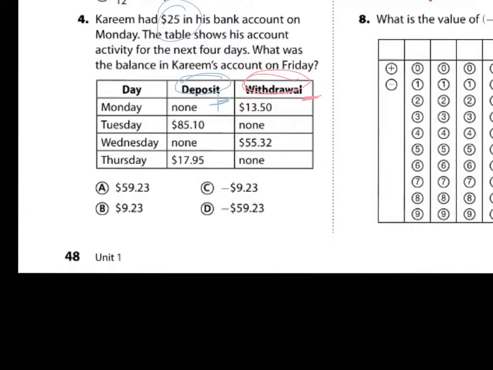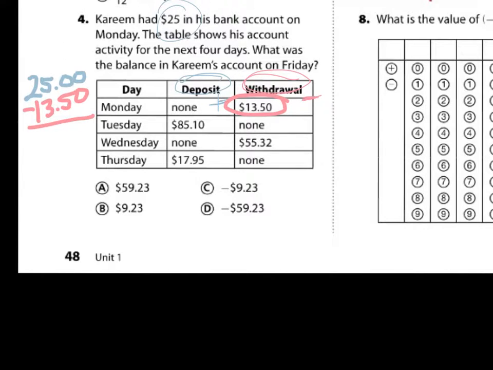So Kareem started out with $25 in his account. So that's going to be 25. Okay, and on Monday, he took out money. He withdrew, so we're going to subtract. So minus $13.50. So you're going to subtract these two.